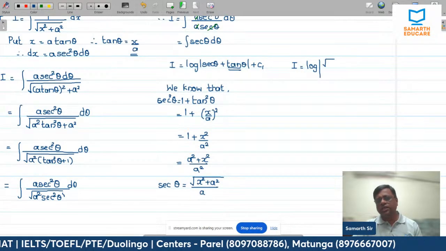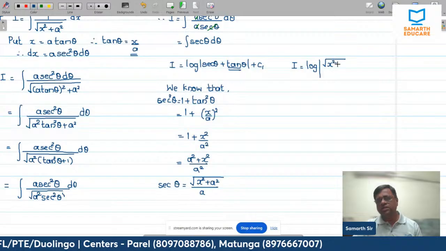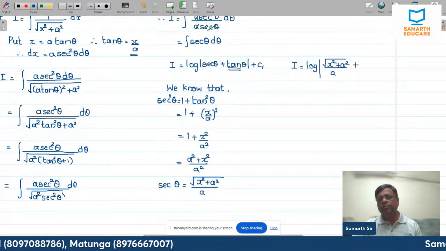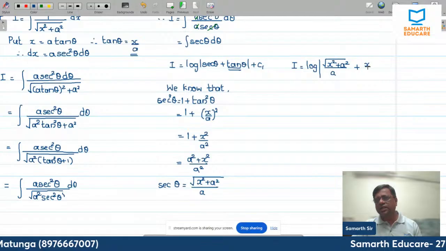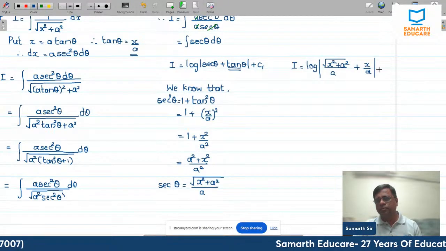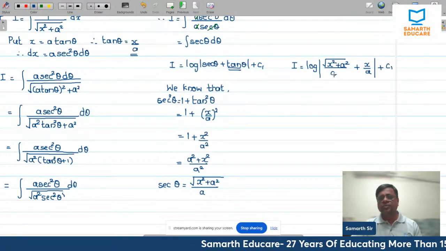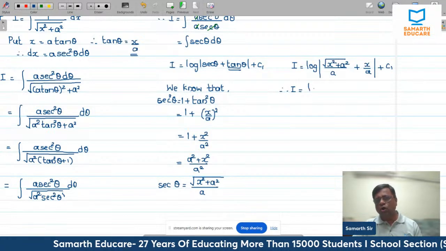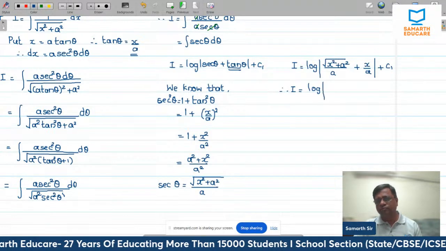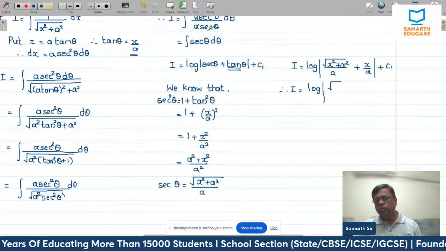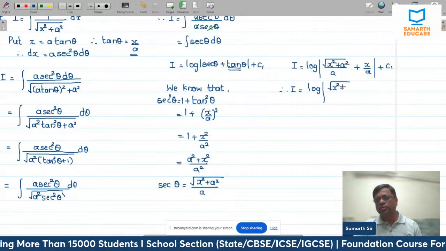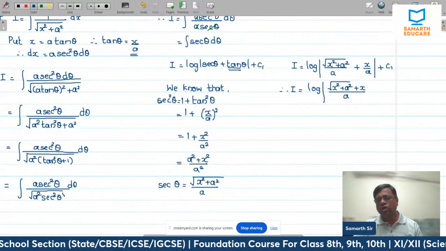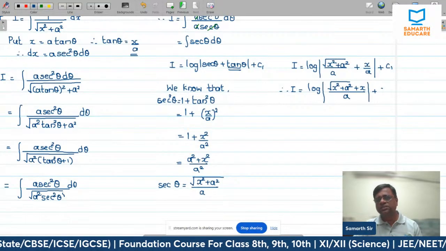So what is sec theta? Sec theta is root of x square plus a square upon a. What is tan theta? Tan theta is x upon a, plus c1. Okay, that means the value of I is log of under root x square plus a square plus x upon a plus c1.